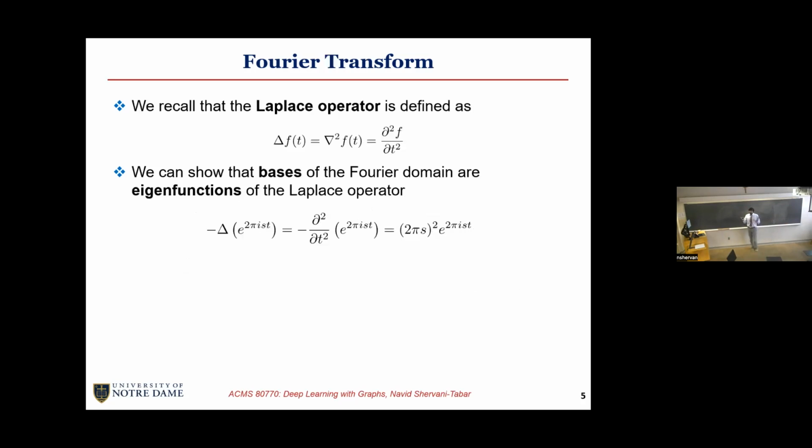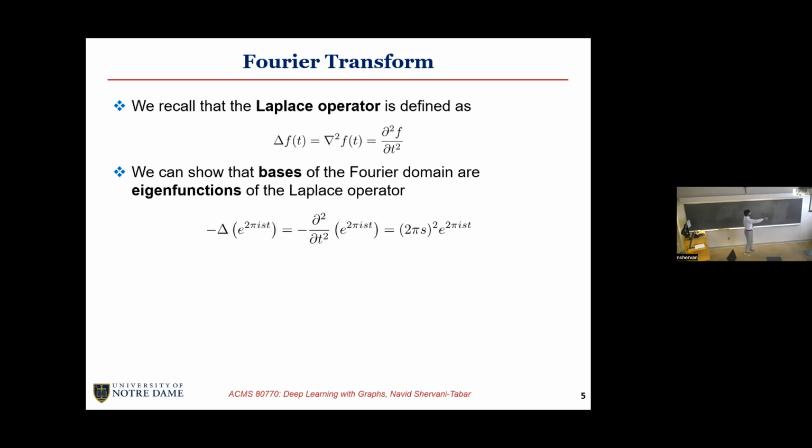Now, we're going to look at where the basis for the Fourier transform is coming from. The basis for the Fourier transform, this exponential term, is essentially the eigenfunctions of the Laplace operator. Eigenfunctions are essentially eigenvectors of an operator. It's the same thing.